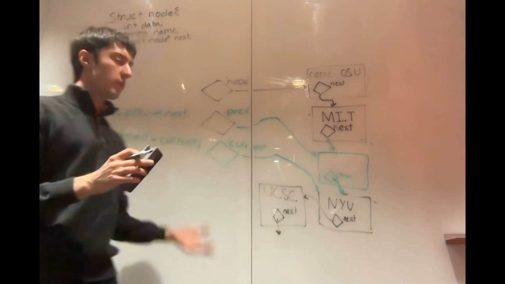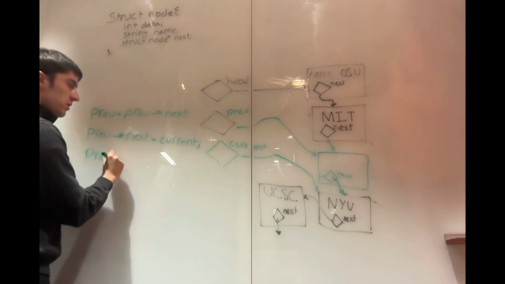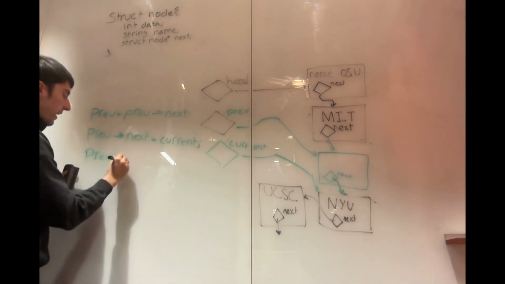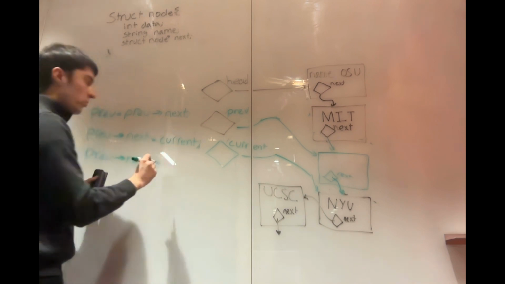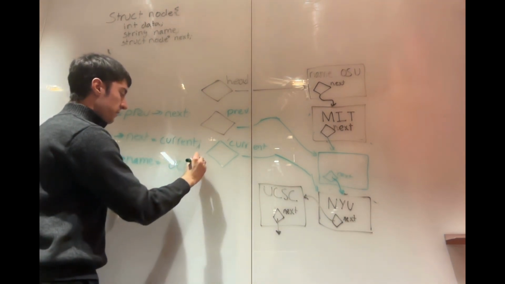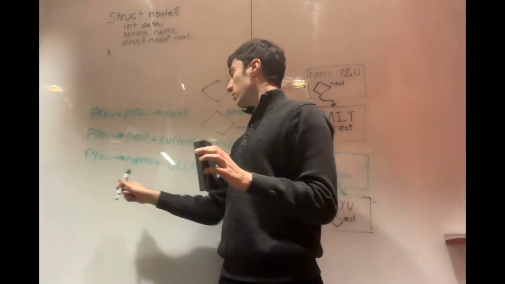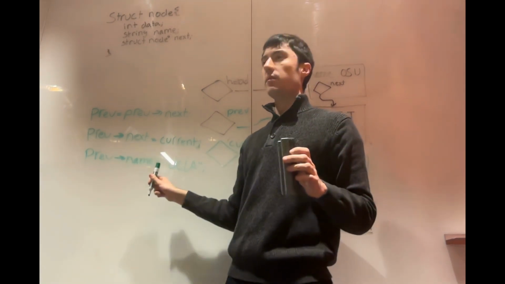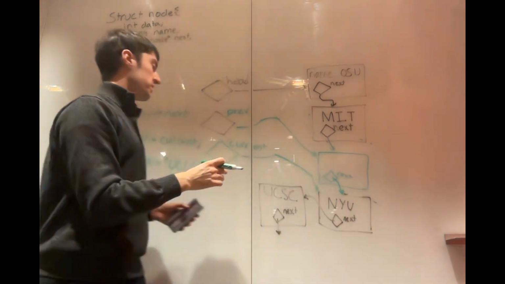Now we just need to fill in the name. Let's do it. Previous equals previous, and we want to access the name equals UCLA. Now in actual C or C++, you are going to have to use, I think, the string copy function, but I'm just writing this for simplicity's sake.